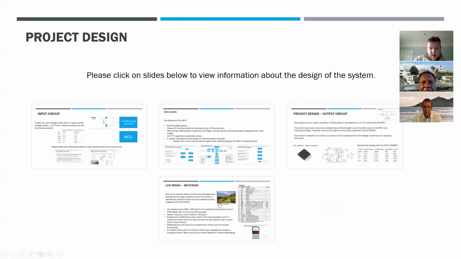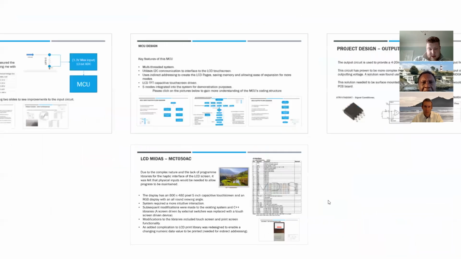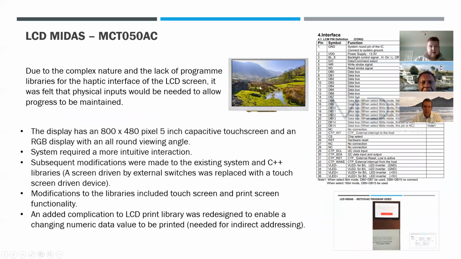And then I'll skip this one. So this is the LCD screen that I'm actually using. The original design of this project was to have the LCD screen as a screen, not a touch screen, just a straight screen, and use external switches.